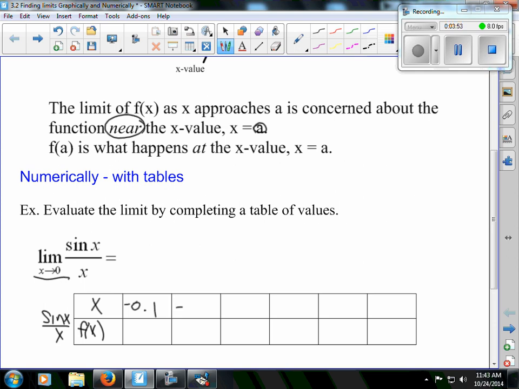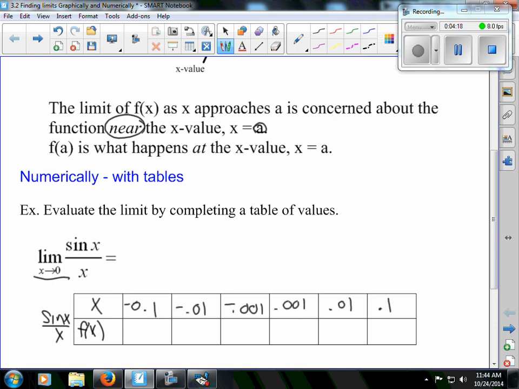I could do negative 0.01. That's even closer to 0 on the left side. I'm going to do one more value on the left side of 0, negative 0.001. So all three of these x values are near 0, but on the left side of 0. I'm going to do the same kind of thing on the right side.